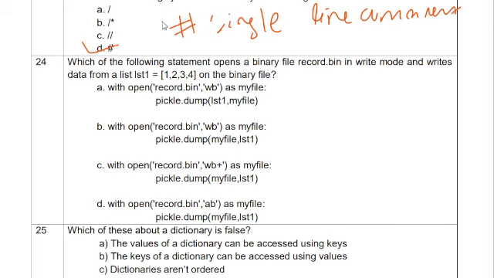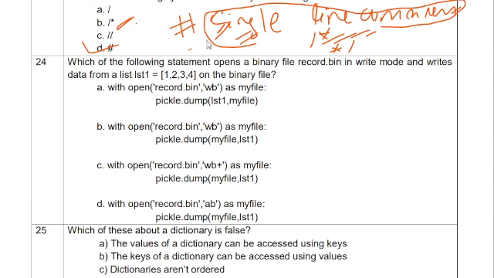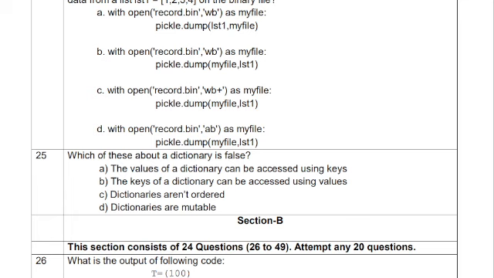Okay. For multi-line comment, this one, multi-line. Okay, like this. Then whatever line we write, it will be ignored. That is the use of a comment line. Whatever line we write, it will be ignored. It will not be taken by the interpreter or compiler when it is executed. That is the use of the comment line.